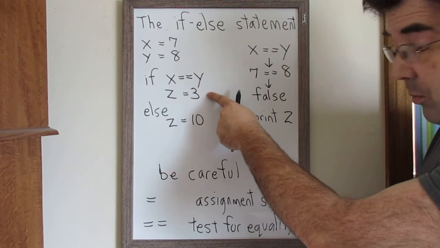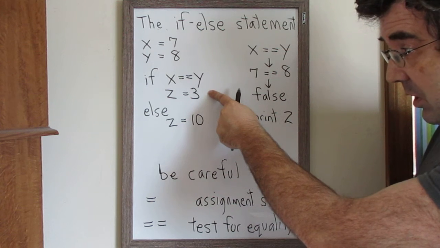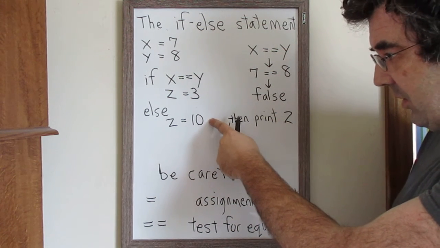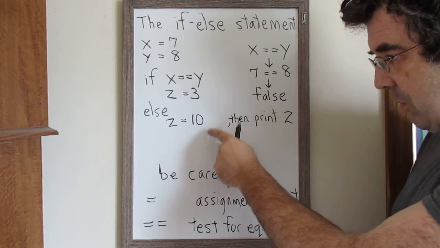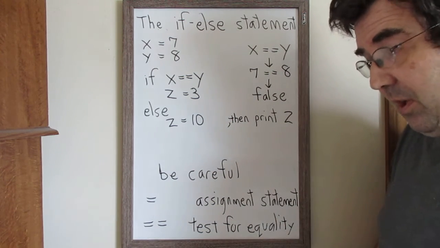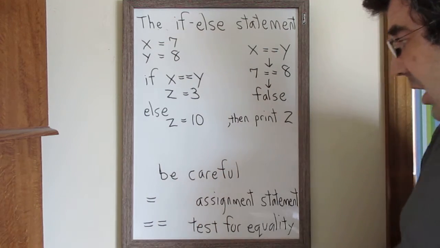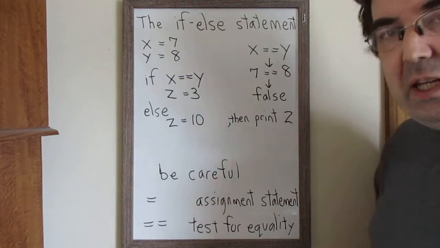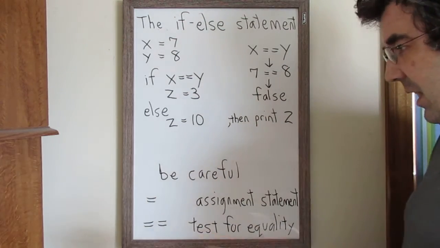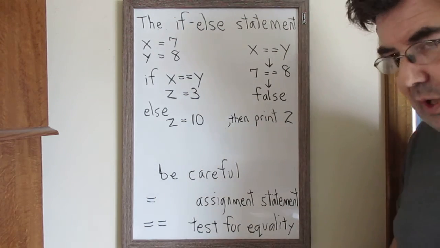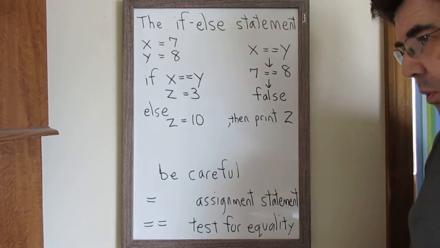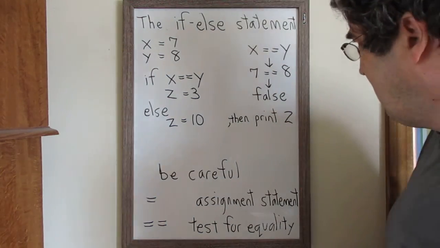If it's false, then execute this. This is a subblock of statements that you execute, and it could be several lines of code inside the else subblock. And then to see the results, you print out C afterwards just by doing print C. That's usually the syntax. In Ruby it's puts C, P-U-T-S, but it's similar.